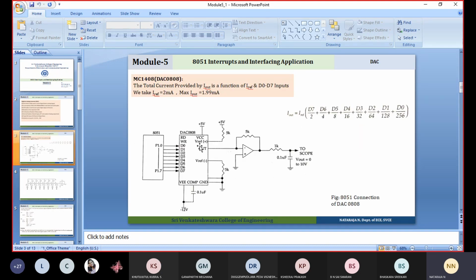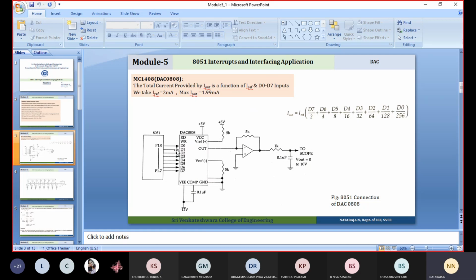See what we discussed so far, the digital to analog converter. Here the output current I output is a function of I reference with respect to D0 to D7. What I told, D0 to D7 or A0 to A7, are 8 different data inputs we give to your 0808 IC.